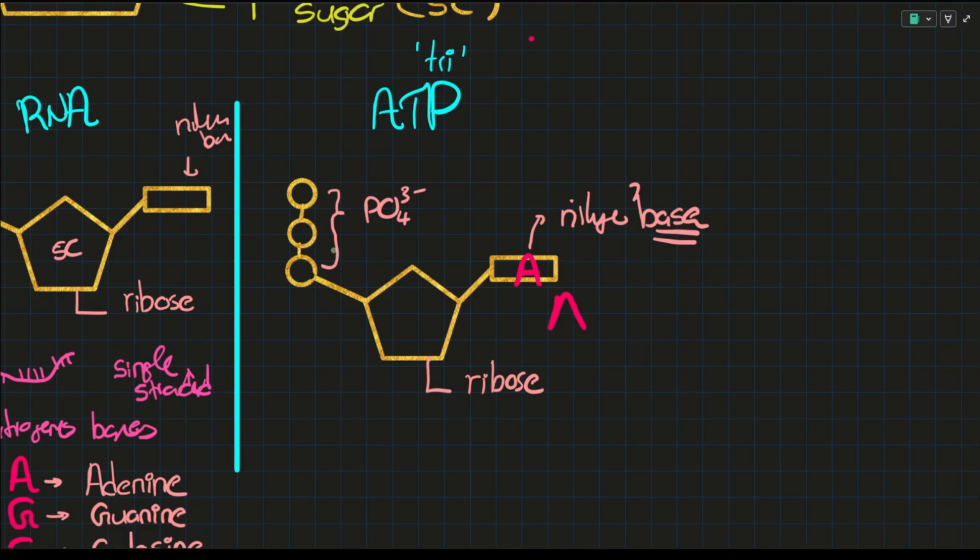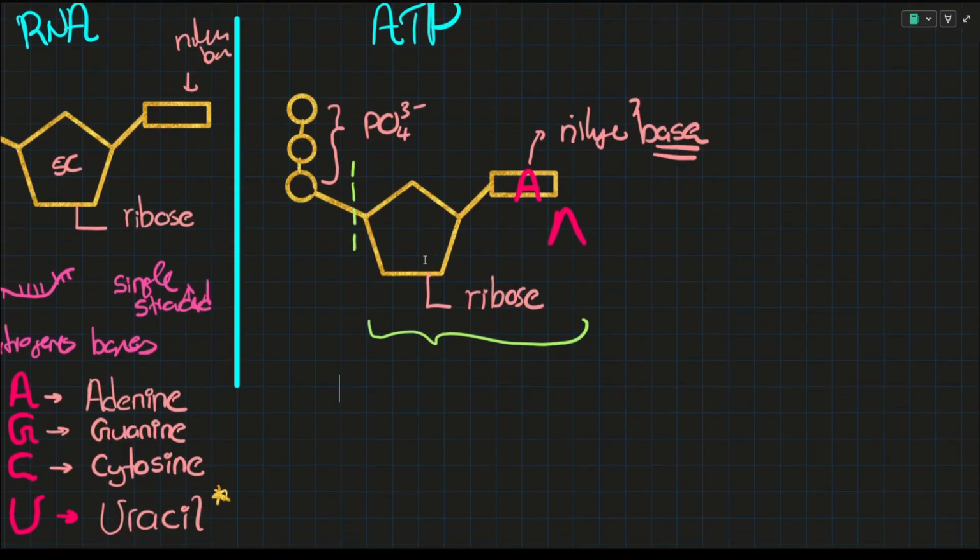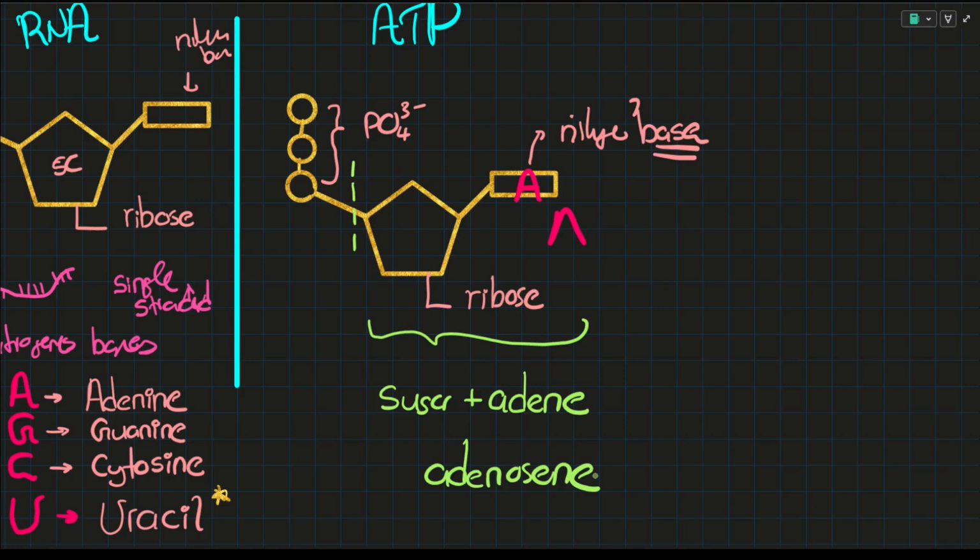A small point about nomenclature. Now, if I split the molecule from this part and I have this base, that's adenine. If I couple that base with this sugar, I get adenosine. That's how the name is built.